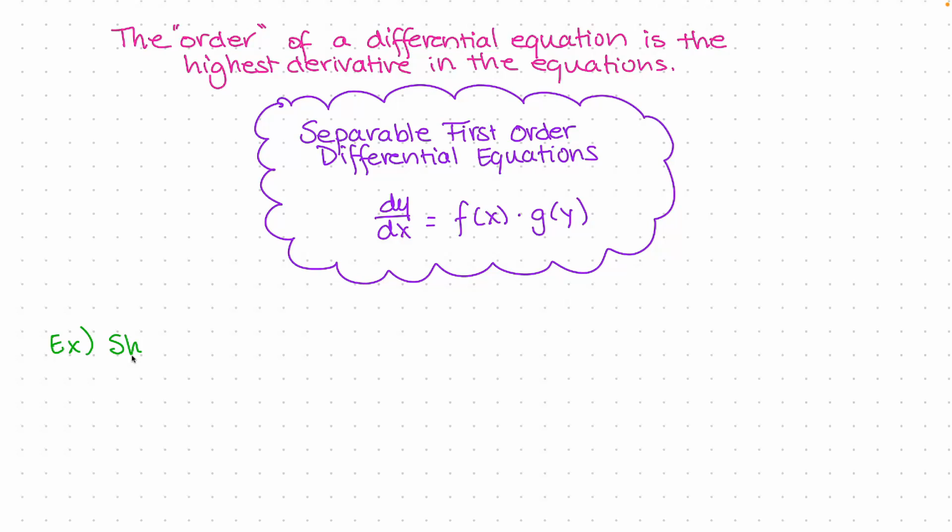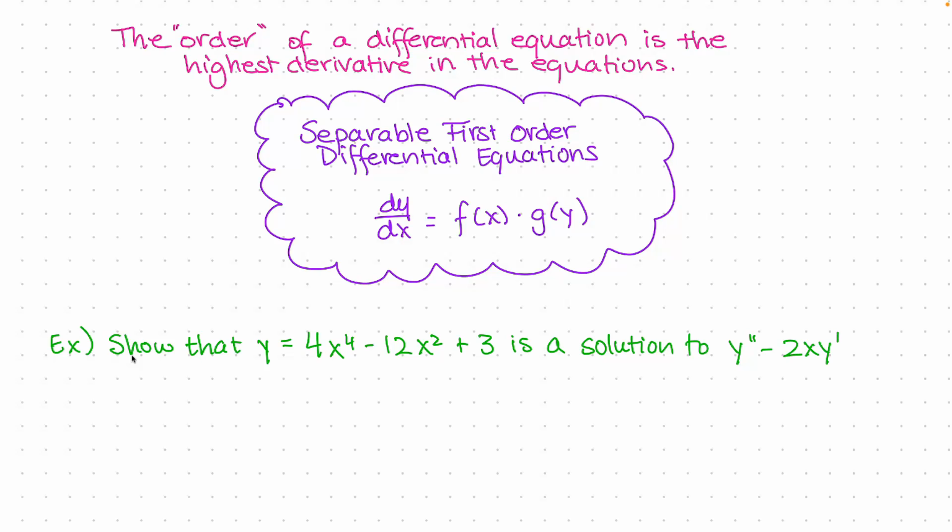We're going to show that y equals 4x to the fourth minus 12x squared plus 3 is a solution to y double prime minus 2xy prime plus 8y equals 0.